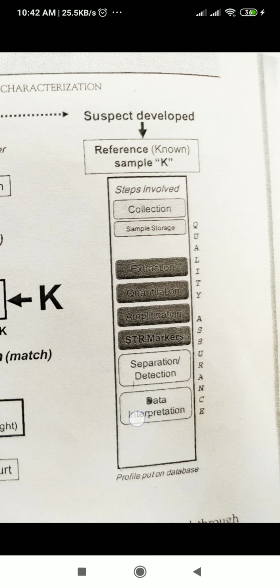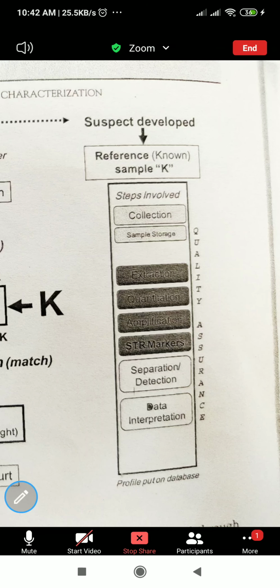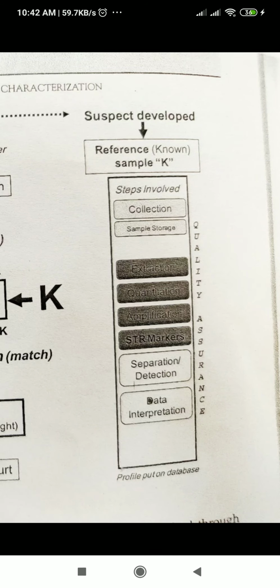Then again we have to proceed with the same steps, as in the case of suspect development. Again, that is our reference. We have to confirm whether the suspect we are suspecting is the criminal or not. So again we will proceed with the same thing, but there we will not go for the characterization, because obviously we will take the biological material from him only.